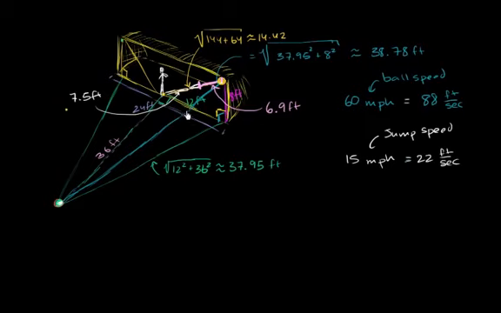Well, we just have to remind ourselves that distance is equal to speed times time. Or if we want the time, we just have to take the distance and divide it by speed.